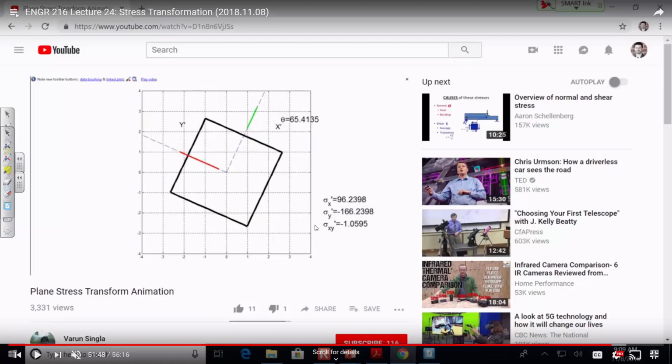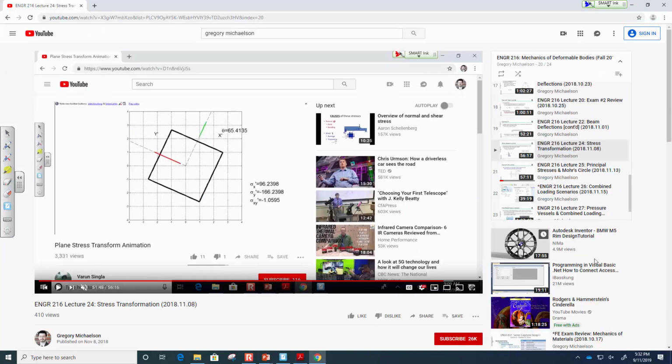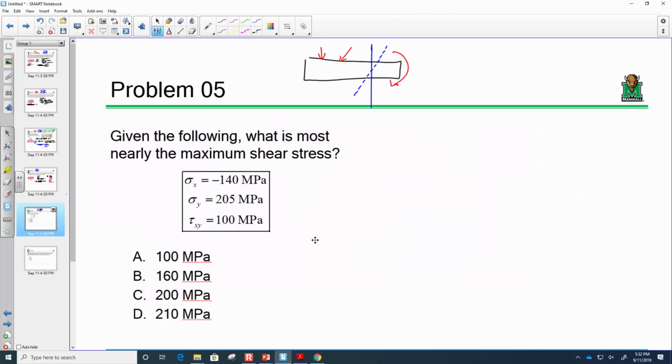That's basically it in a nutshell. The formulas that you plug and chug are just taking the derivative and determining the maximum principal stress. It's that simple. Now, I have a stress state right here. What is most nearly the maximum shear stress? From that stress state, Mohr's circle will tell us the maximum principal stresses and the maximum shear stress.